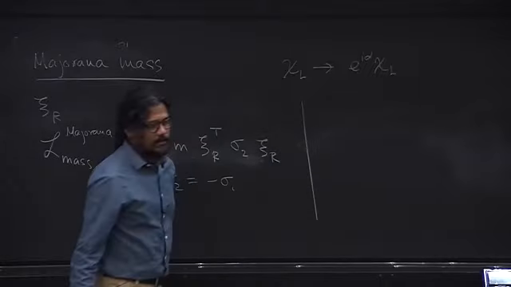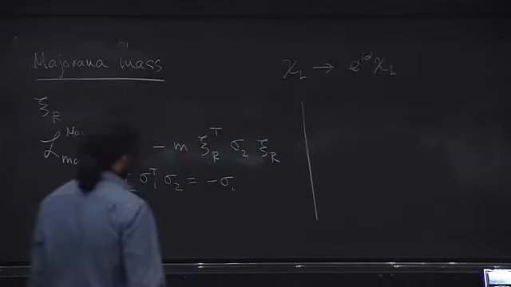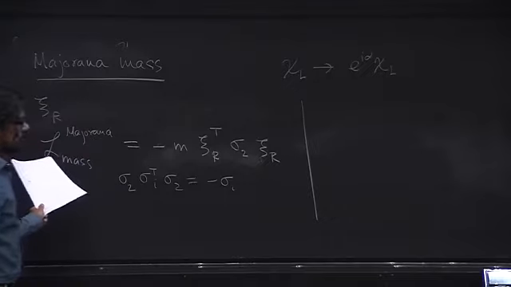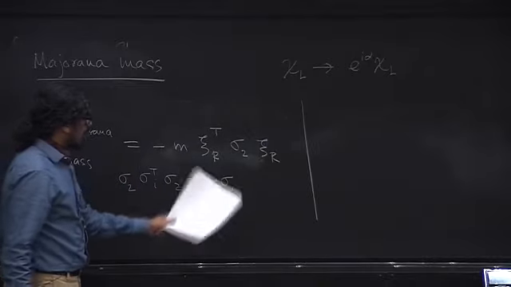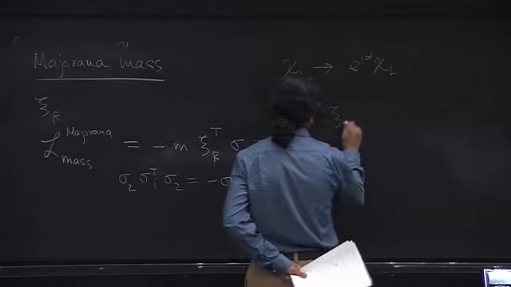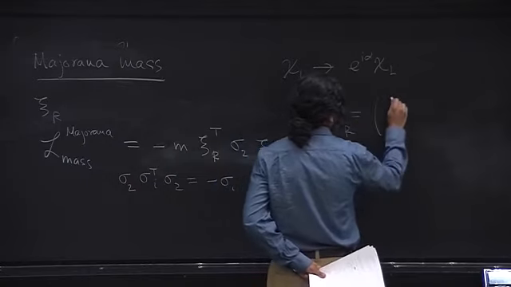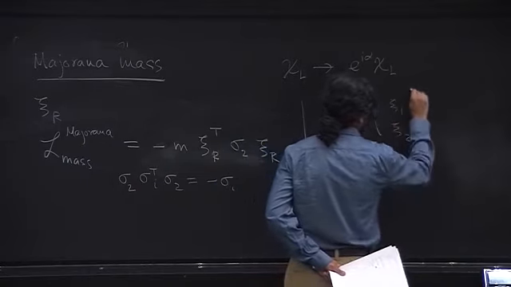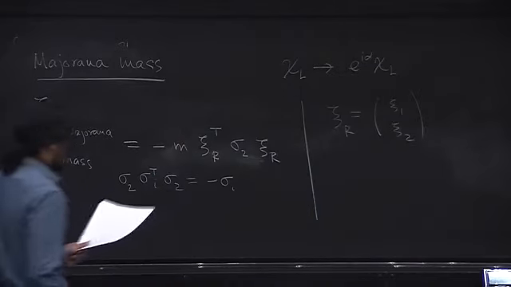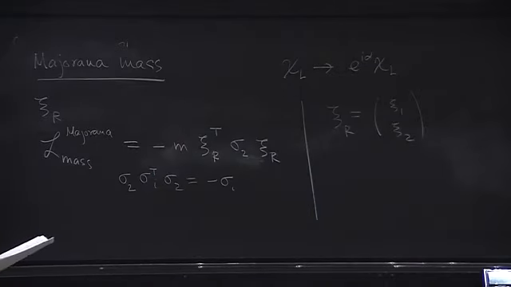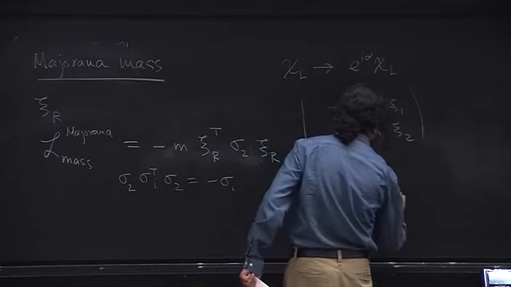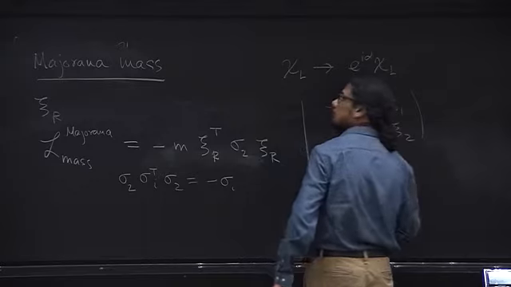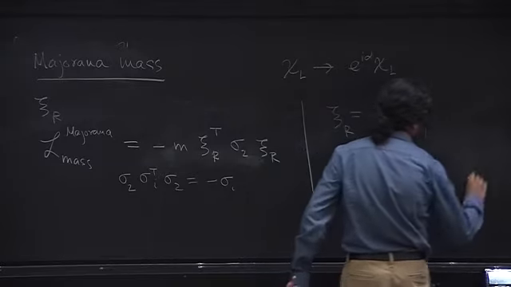There's another price you have to pay for the Majorana mass term. If you write out these two-component spinors in terms of their components, psi 1 and psi 2, then you can show that the Majorana mass term has this form.